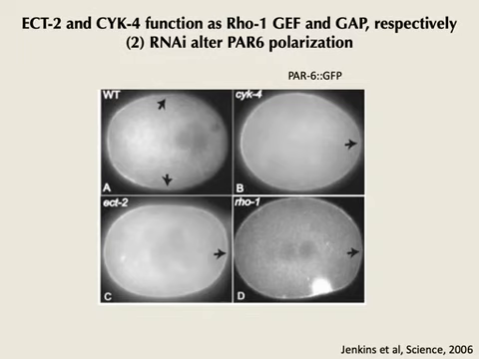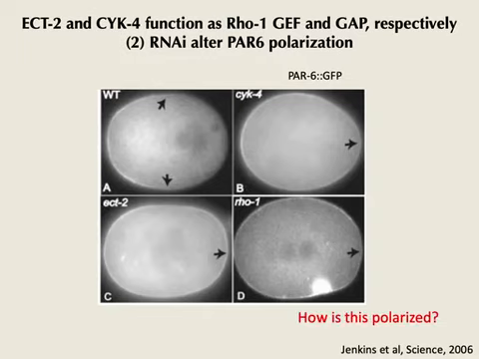So that's what this slide is showing. Now if you're looking at PAR6 GFP, but you're inhibiting Rho activity, or you're inhibiting the GAP, you don't have asymmetry in either case. So what this is showing us is that the asymmetric distribution of PAR6, that gradual removal from the posterior cortex, requires both activation of Rho and inhibition of Rho. It basically requires spatially controlled contractility.